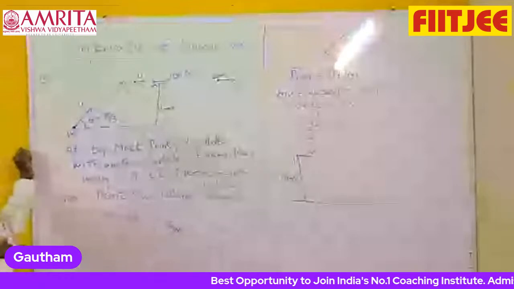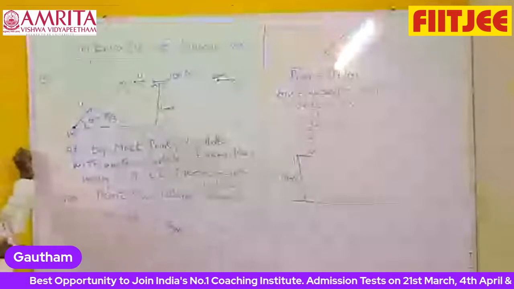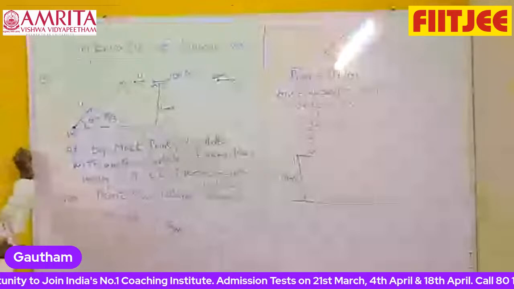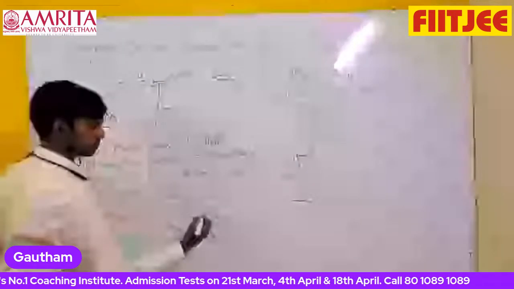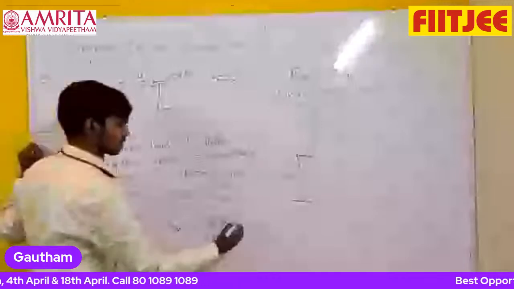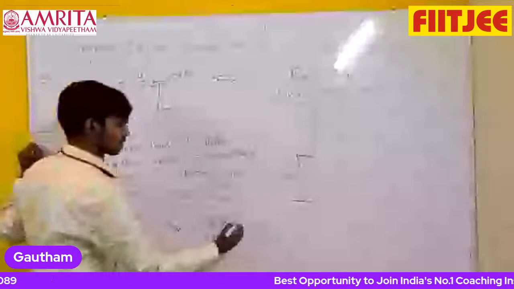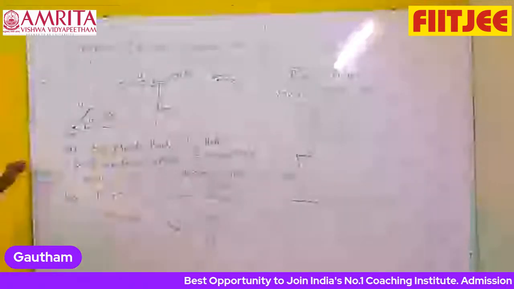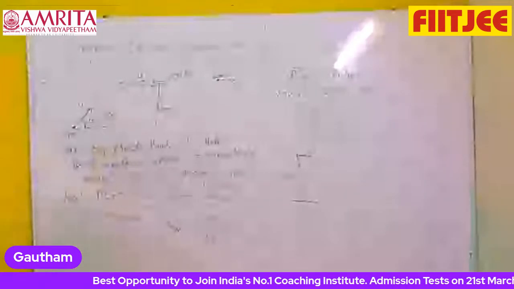U square sin square theta divided by 2g.